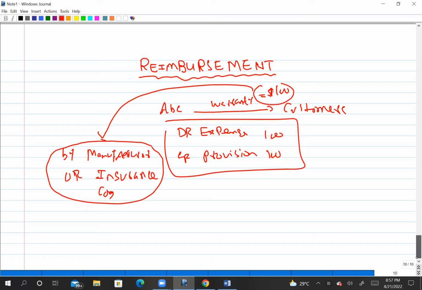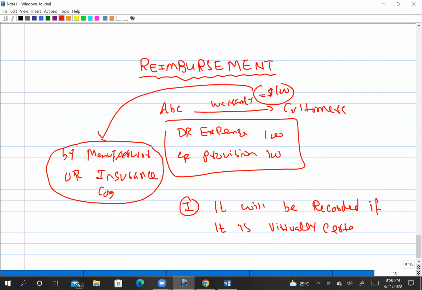In case of reimbursement, remember some points. Number one, it will be recorded if it is virtually certain that the entity will receive the reimbursement. If it is virtually certain, then the reimbursement will be recorded in the financial statements.